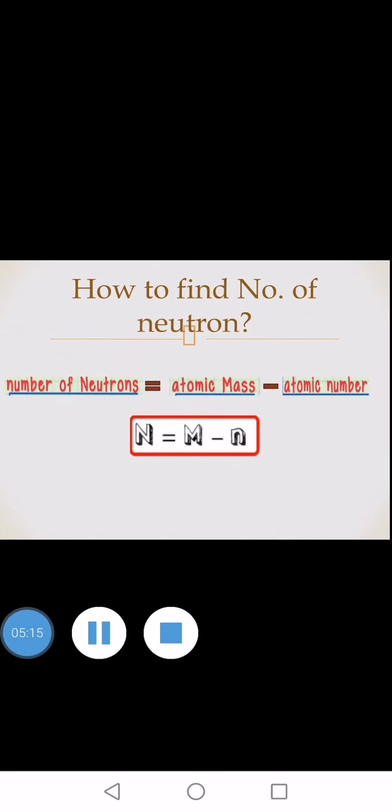So how do we find the number of neutrons? The number of neutrons is equal to the atomic mass minus the atomic number. Whenever we subtract the atomic number from the atomic mass, we get the number of neutrons. In the next picture you can see the mass number is 23 and the atomic number is 11.